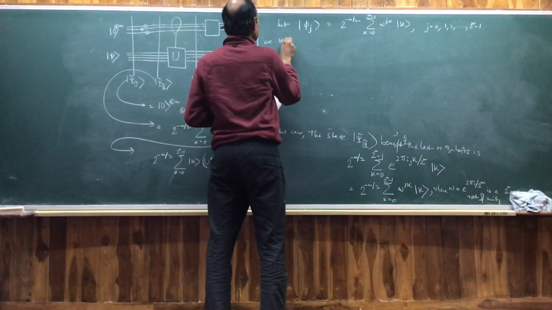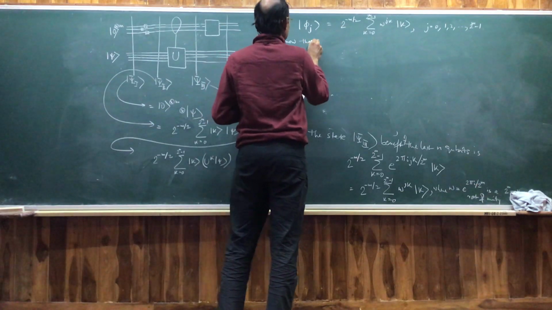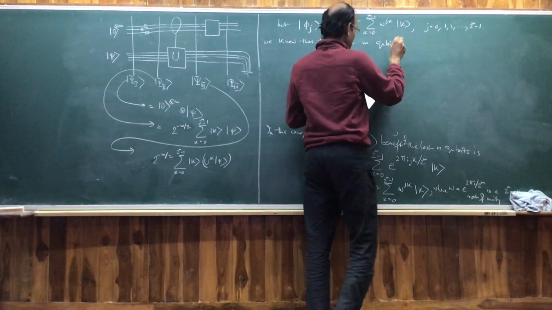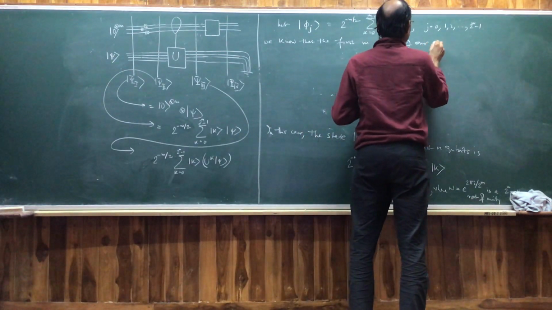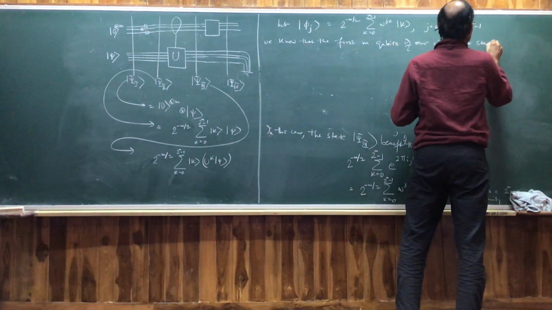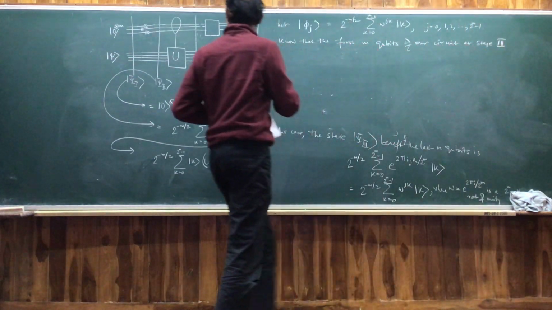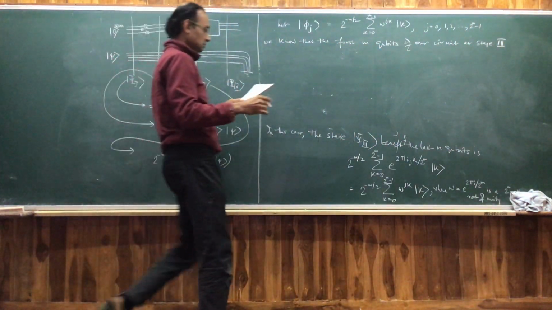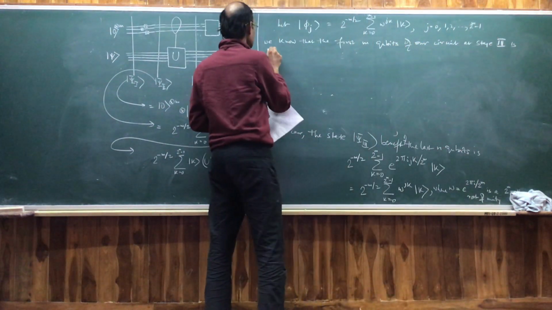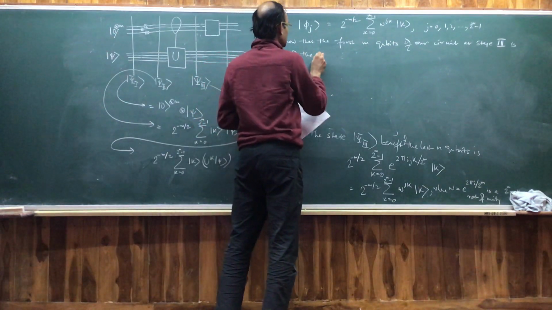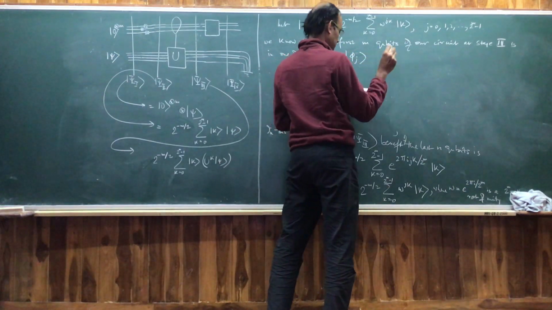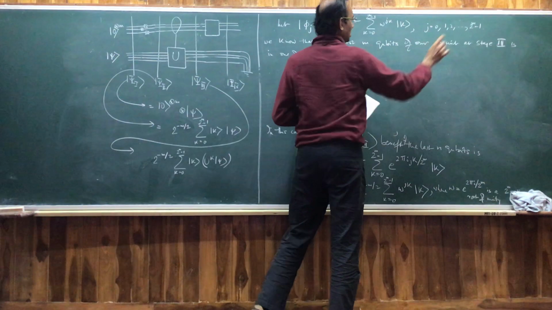So we know that the first m qubits of our circuit at stage 3 here is phi j, for j equals 0, 1, 2 and so on.